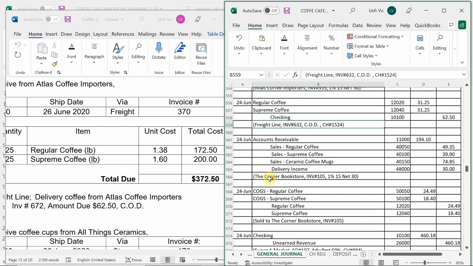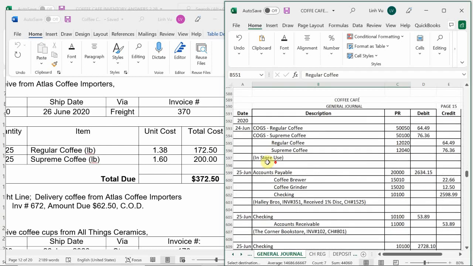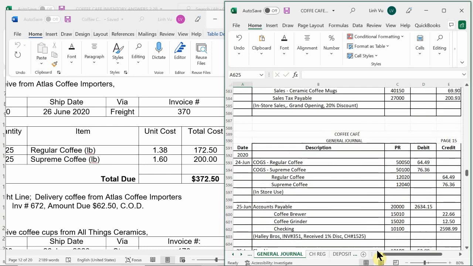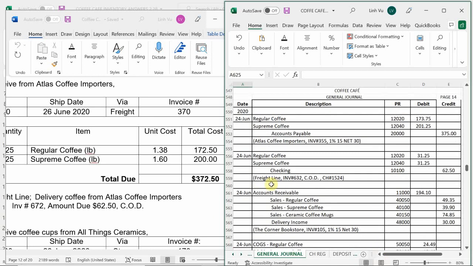We need to break up the coffee. So in this case, this transaction can be copied first, and that will fit here. Okay, perfect. And then we're on the 26th now. And then our freight is going to be on the next page.